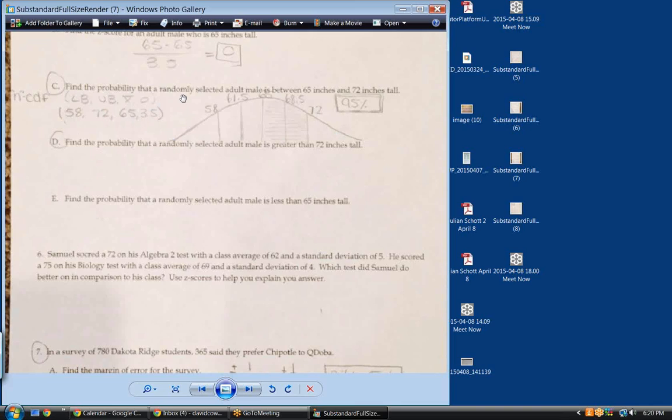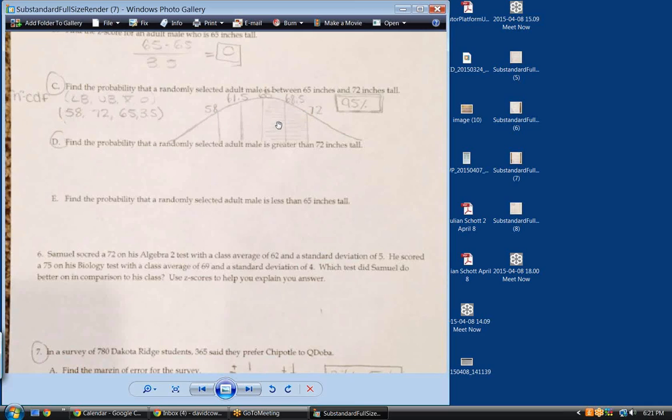So, finding the probability that he's between 65 and 72 is this area right here. That's half of 95, right? It's not all of 95. All of 95 would be 95% of the people are going to be between 58 inches and 72 inches. Okay, so would you divide 95 by 2?